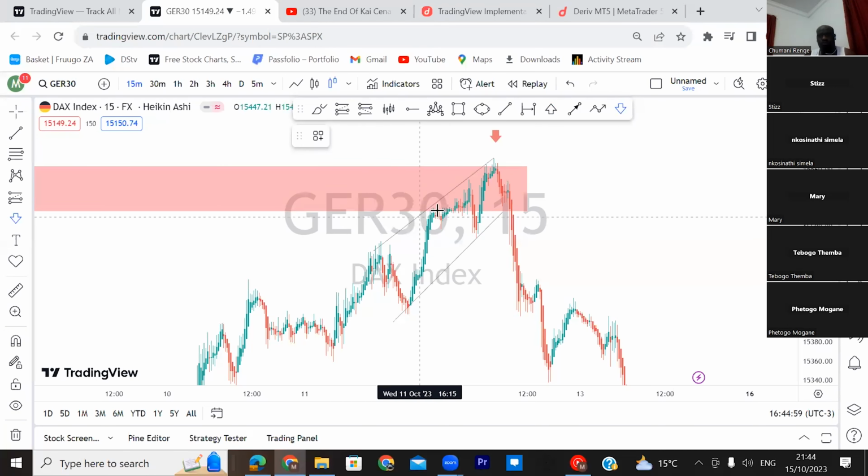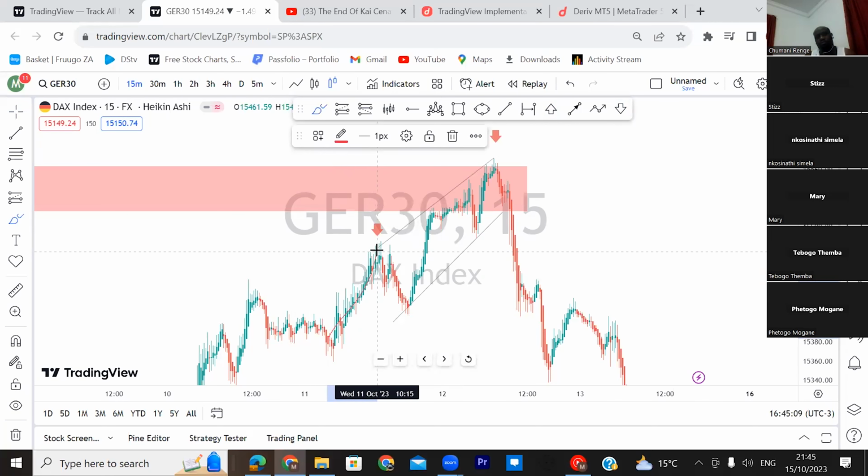So let's count the number of touches on our resistance side of the correction. So this is our first touch. As you can see, the price got there and then rejected down, right? So we count this as our first touch, and then the price shot off, giving us the second touch right here.